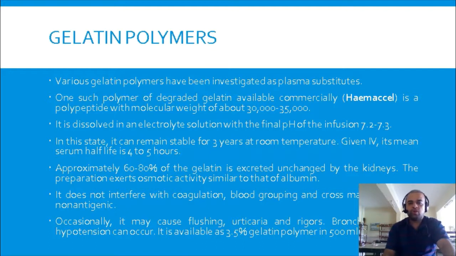and is a polypeptide with a molecular weight of about 30,000 to 35,000. It is dissolved in an electrolyte solution with a final pH of infusion around 7.2 to 7.3, which is approximately neutral in nature. In this state it can remain stable for 3 years at room temperature, so we can see a long shelf life here.